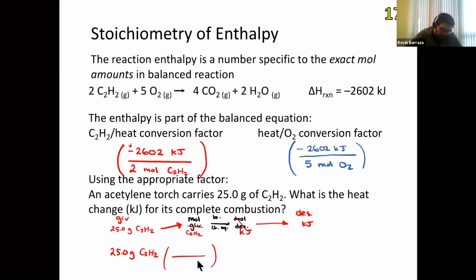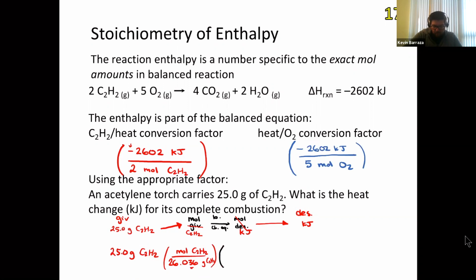That's going to be 26.036, with the significance ending on the 3, grams of C2H2 in a mole of C2H2. That's just from the periodic table.